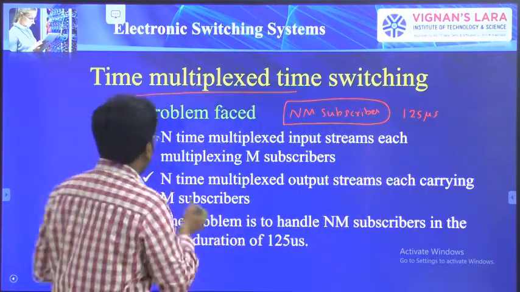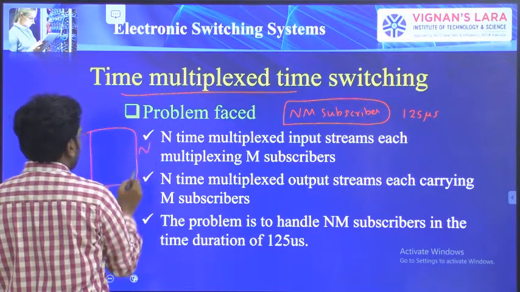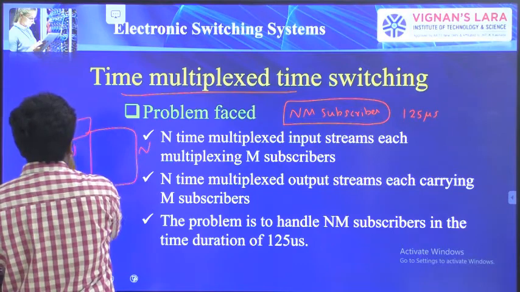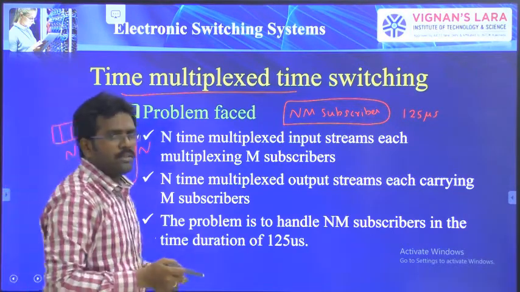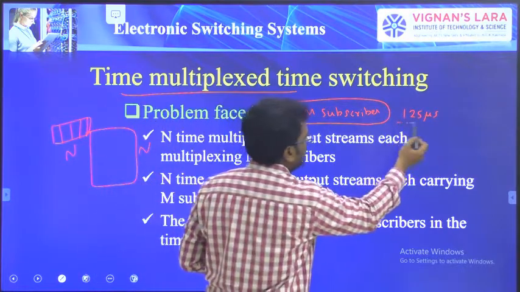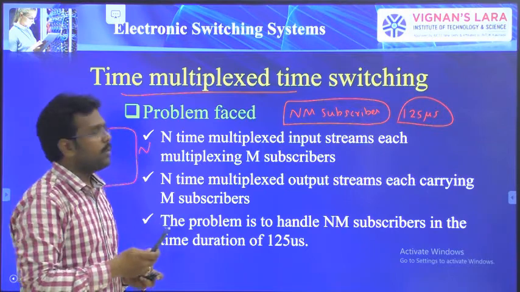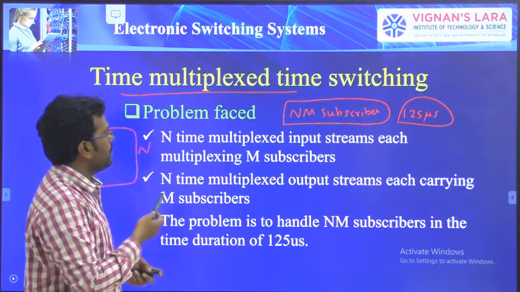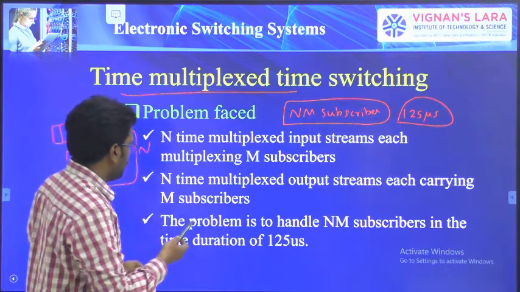Take an example where it contains n inlets and n outlets, and each inlet contains m modules. Therefore, for the duration of 125 microseconds, it has to accommodate these nm subscribers. This is the problem we have to face in the case of the time multiplexed time switch.